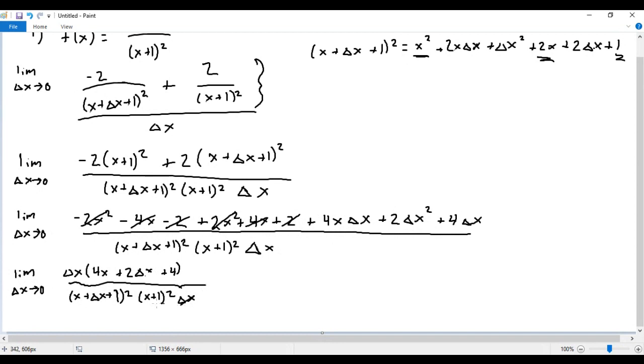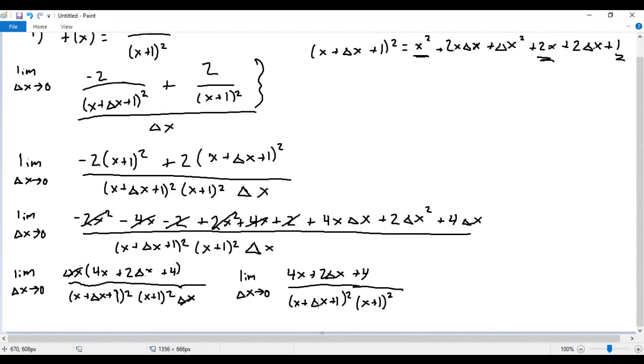And again, our delta x's will cancel on top and bottom. So then we have the limit as delta x goes to 0 of 4x plus 2 delta x plus 4 over x plus delta x plus 1 squared times x plus 1 squared.